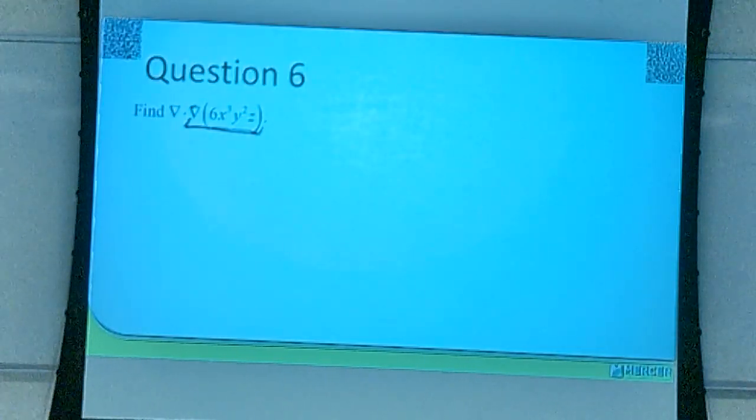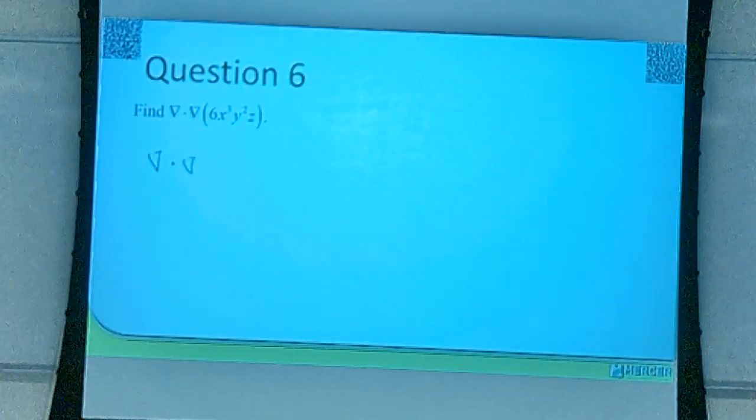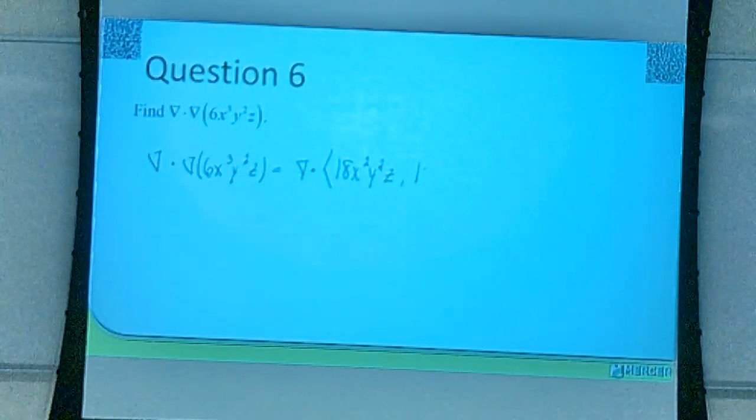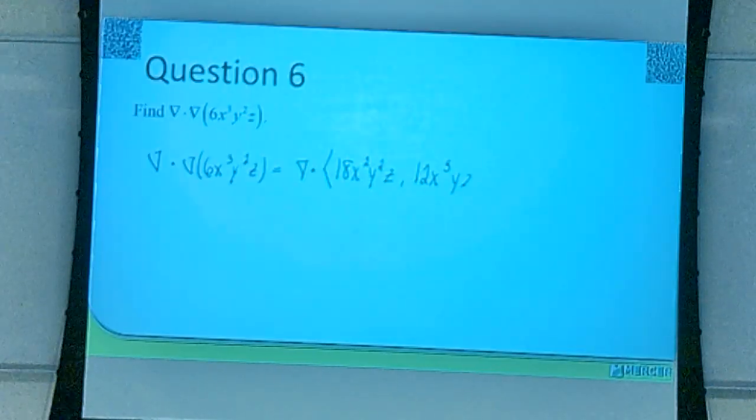If this wasn't here, that would be undefined, because you can't find the divergence of a scalar. So the gradient field, the first component is partial x, second component is partial y, third component is partial z.